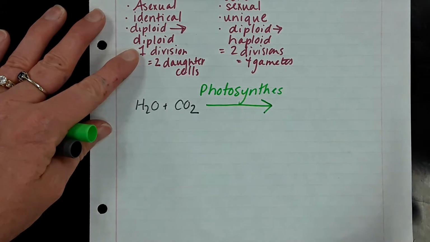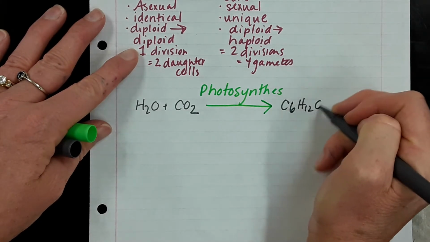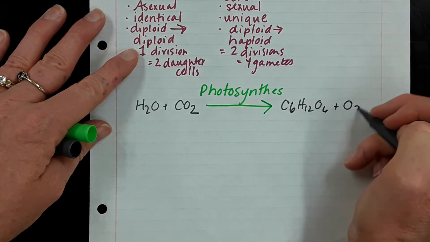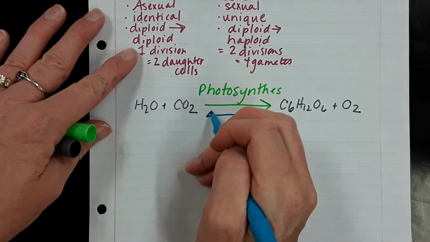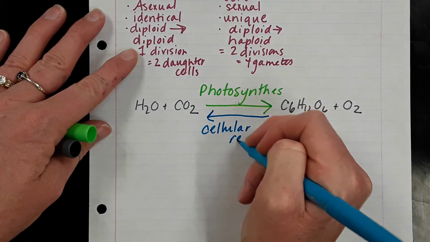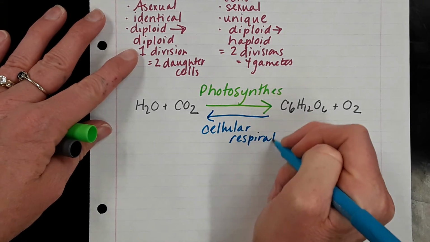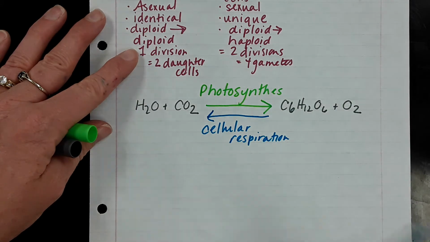That's the process. And they are producing glucose and oxygen. The reverse of that process is cellular respiration. And cellular respiration is going to take oxygen and glucose and produce carbon dioxide and water.